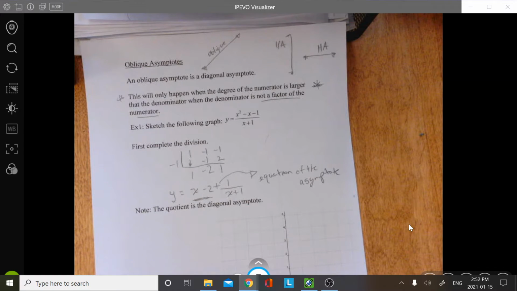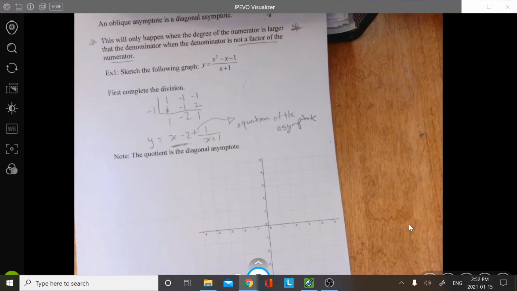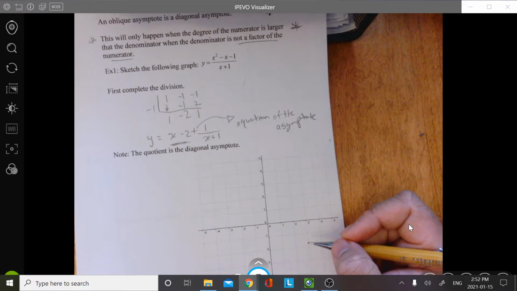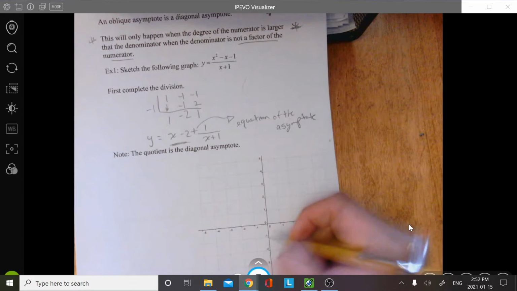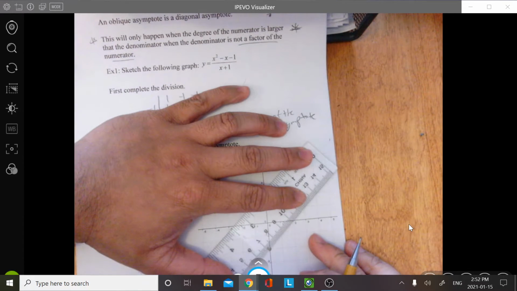This x minus 2 becomes the equation of the asymptote. So all we have to do is sketch in the line, and that will be our asymptote. So try to be a little neat for our asymptote, x minus 2. Try to use a ruler if you have one.